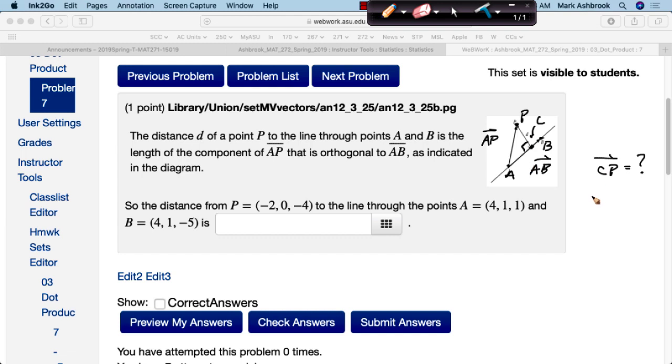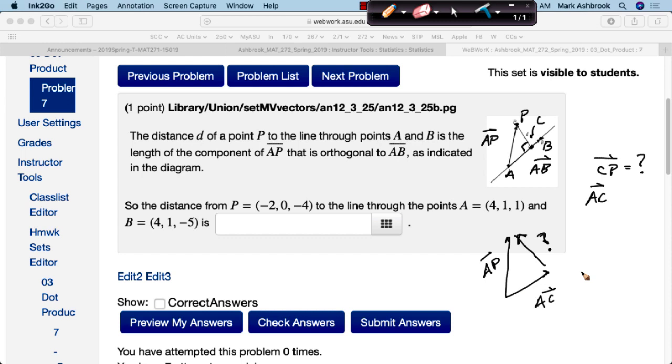Yeah, AC, right? If we got AC, then I'd have this triangle out of AC and AP. And then how could I get CP? I could get either vector CP easily or the magnitude of CP easily.